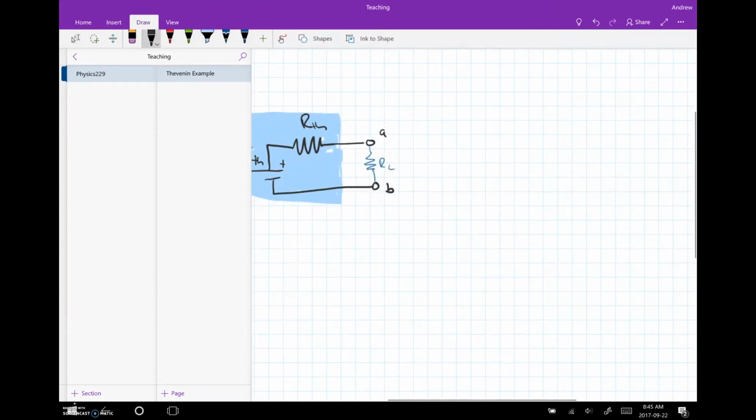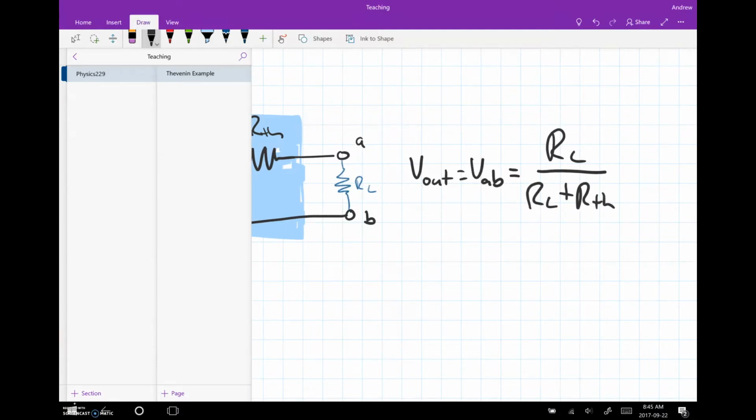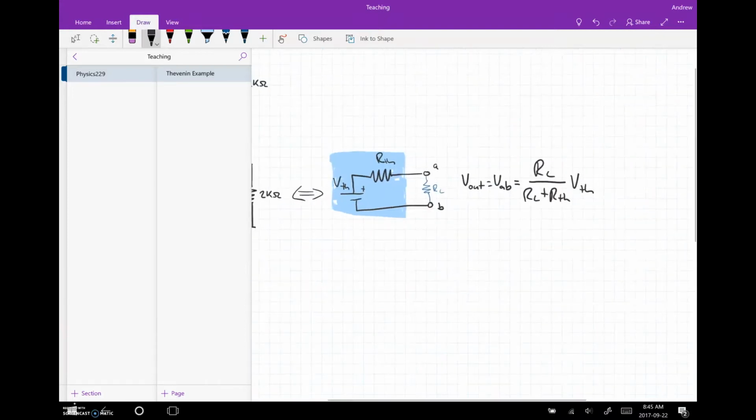We know this is just a voltage divider now, so we get the V out, that's what we call VAB, which is just going to be equal to, from our voltage divider relation, RL over RL plus R Thevenin times V Thevenin, right? Because we have our V Thevenin ideal voltage source here and our R Thevenin. So this is what we're going to get as an output.